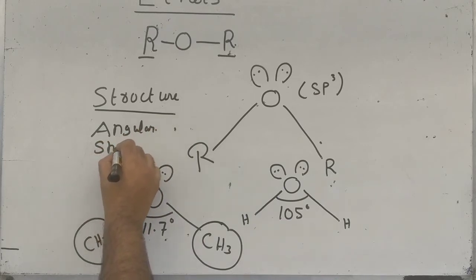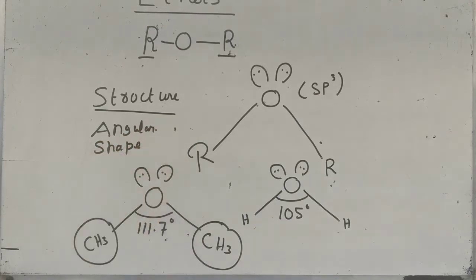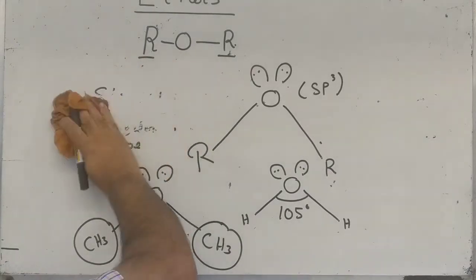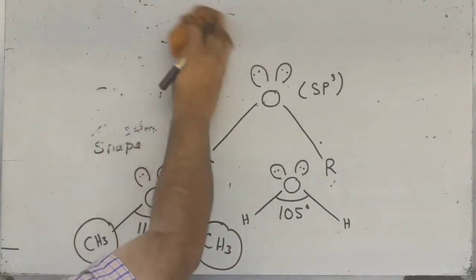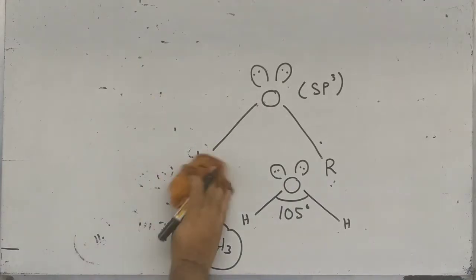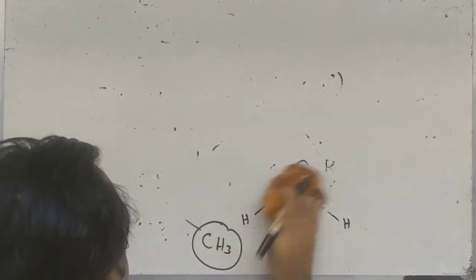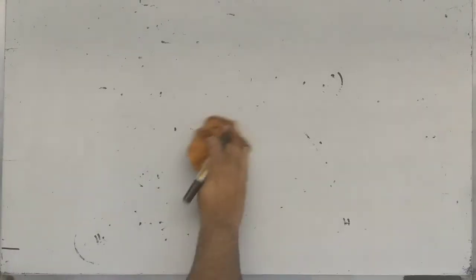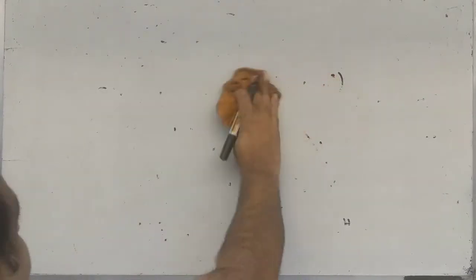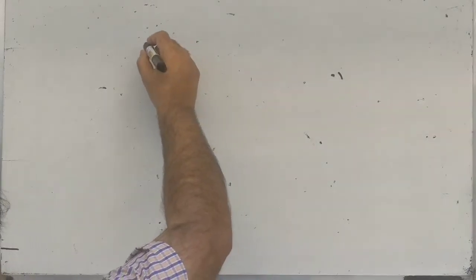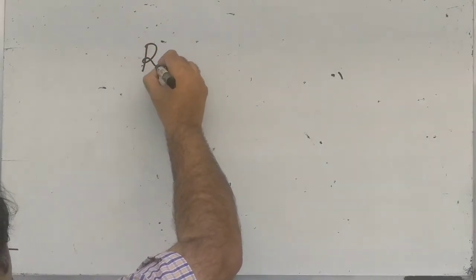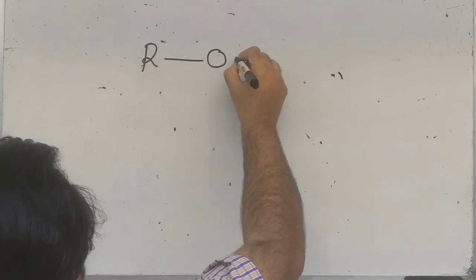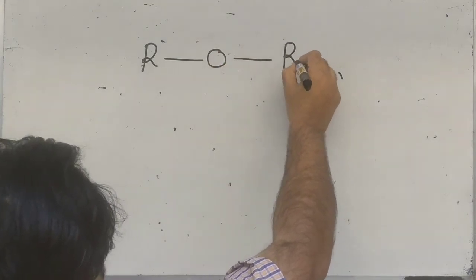Let's see what happens due to their angular shape. Due to the angular shape of ether, even if the 2 R groups in ether are the same, the molecule is going to be polar. Let's see. Suppose ether was linear, it would be non-polar.